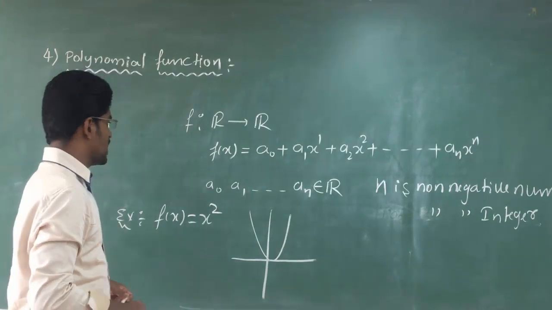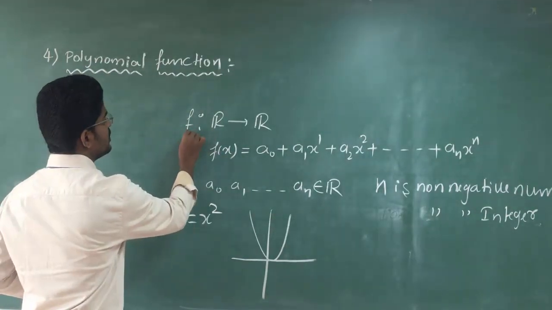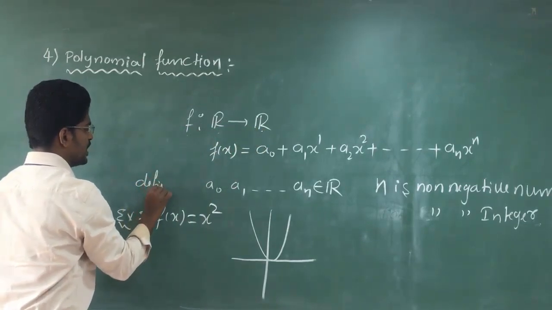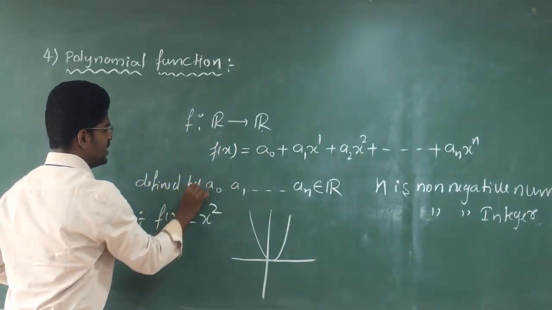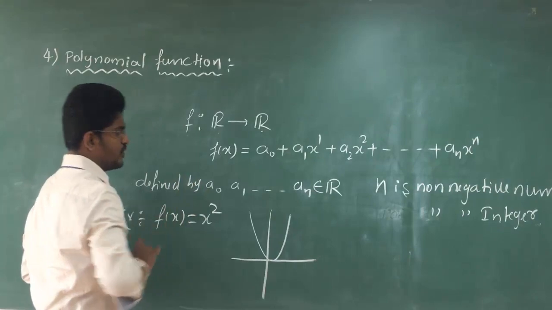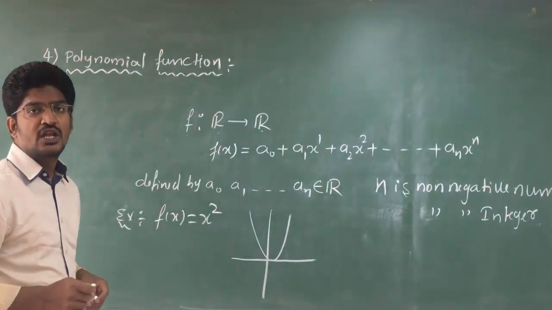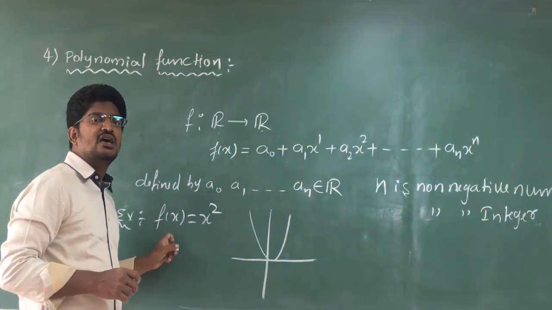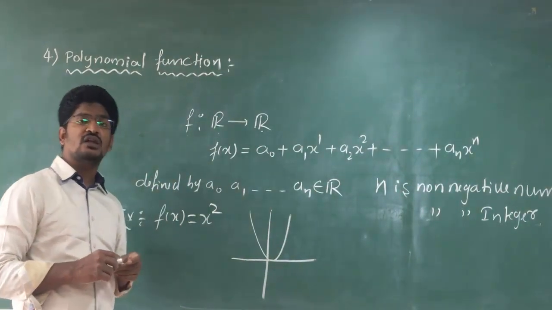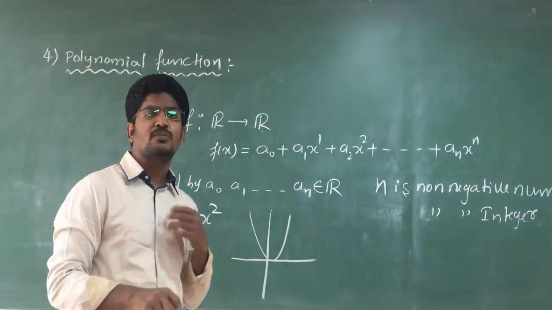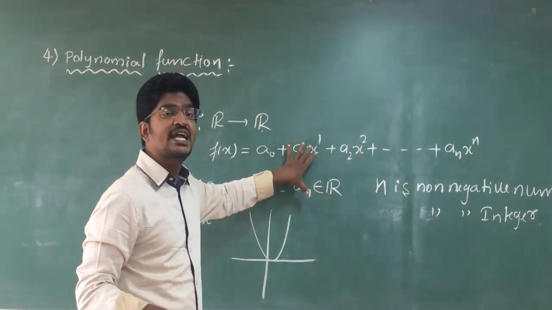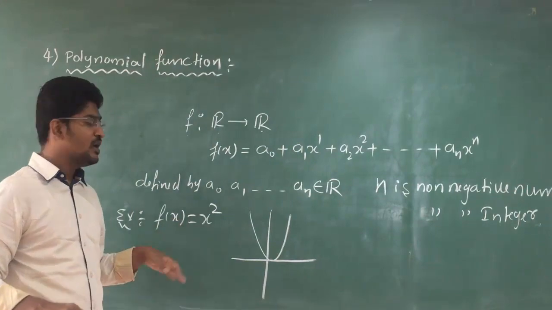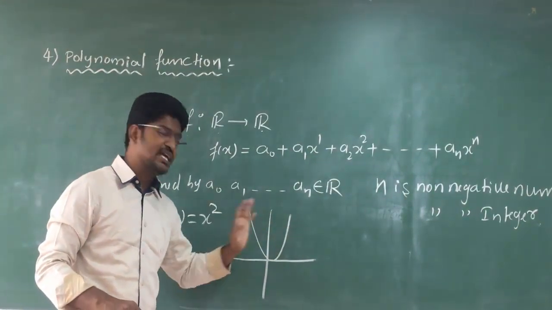Again, f is a function from R to R defined by f of x equal to x square, is called a polynomial function. This is the example for a polynomial function. Whenever they ask you to define a polynomial function, you have to write this and take the example of f of x equal to x square, and the nature of the graph is like this.